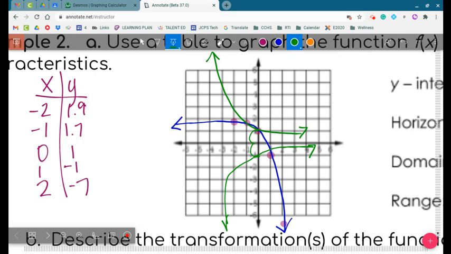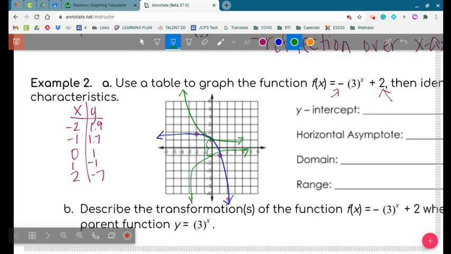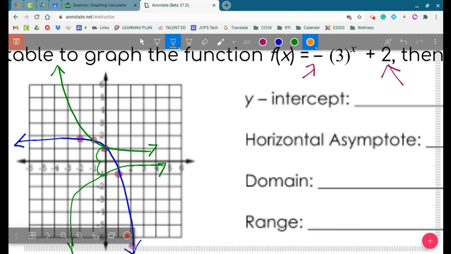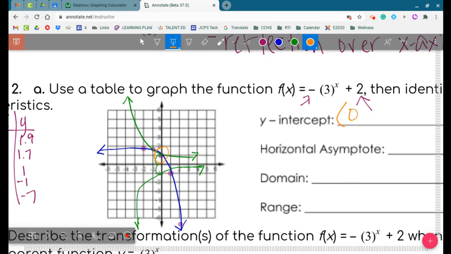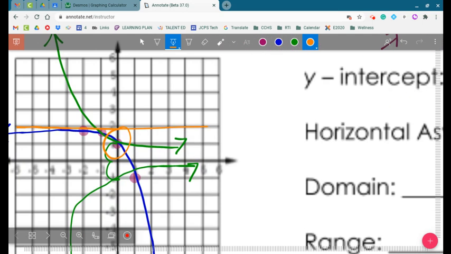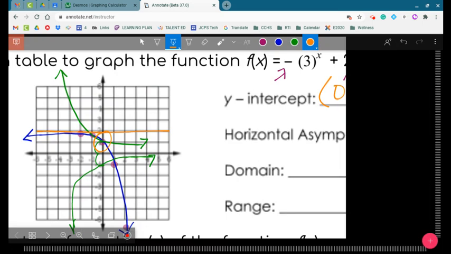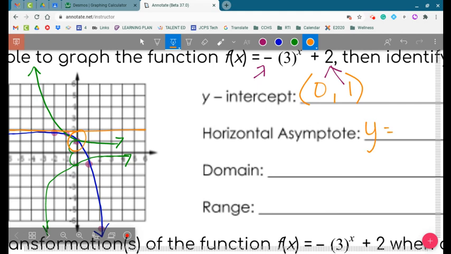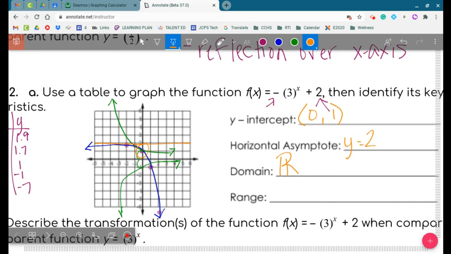So that's how you got your blue line. Okay, so looking at the blue line, our y-intercept is (0, 1). Our horizontal asymptote is this imaginary line that it doesn't cross, so that's going to be y equals 2. Our domain is always all real numbers. And our range is going to be y is less than 2 because everything's smaller than 2.